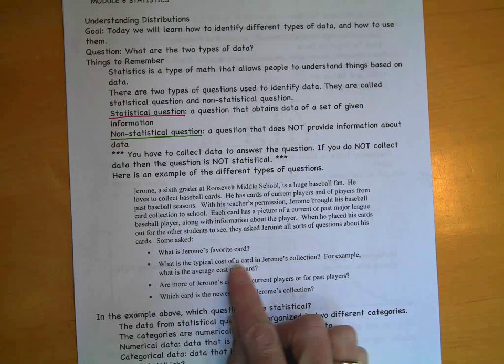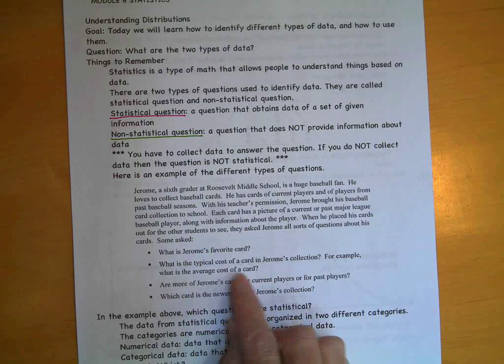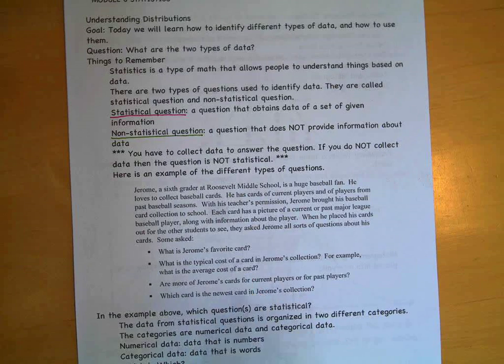Okay? What is the typical cost of a card in Jerome's collection? For example, what is the average cost of a card? I would say that is a statistical question because if you're looking for typical cost or average cost, that means you're collecting the price of different cards, and so that involves numerical data.